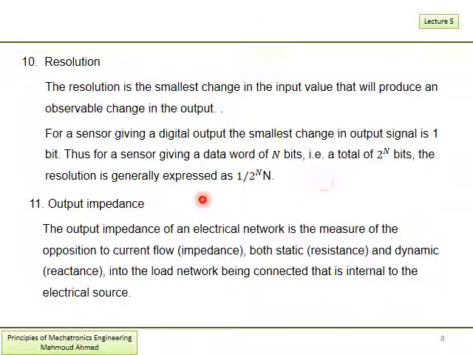So the resolution is simply 1 bit divided by the total, which is 2 power n, and this is the resolution of such a sensor.